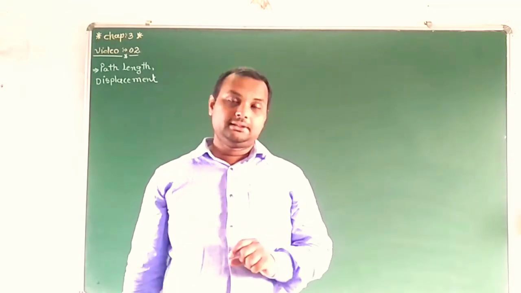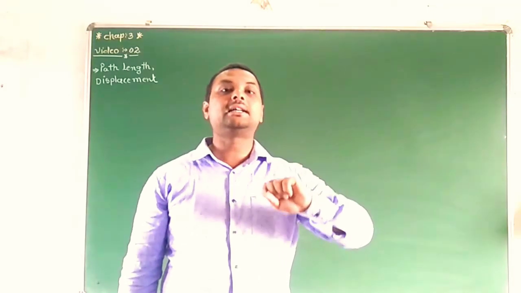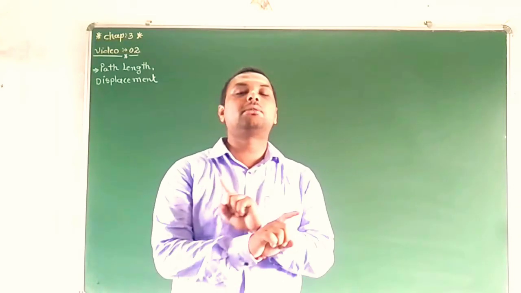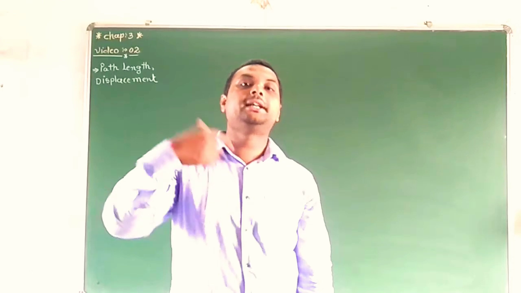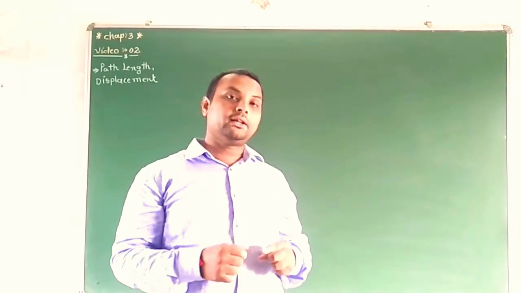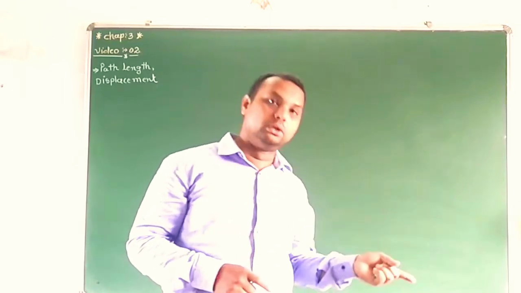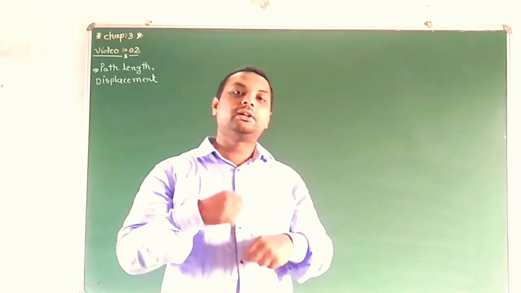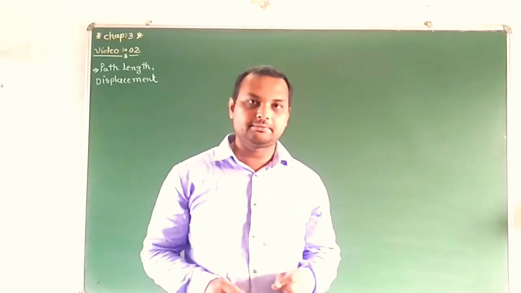But the most important thing is that whenever you calculate the path length, you should not bother about the direction of the journey. If you are moving from your home to school and you come back from school to home, the calculated distance should not be subtracted.